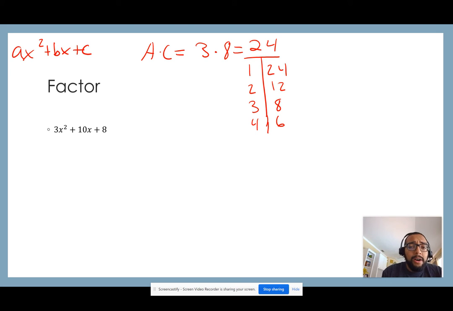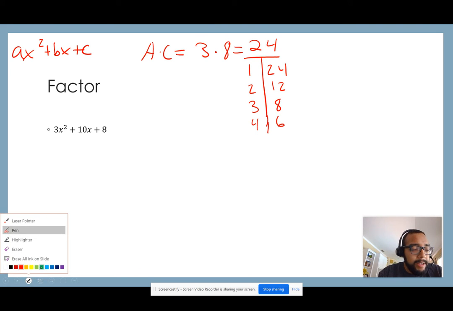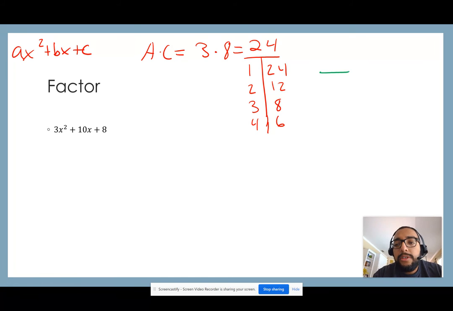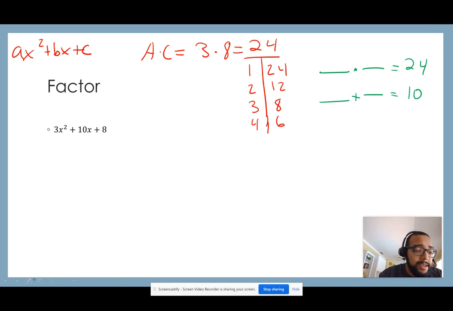Now we have all these factors of 24. We need to find two numbers such that when you multiply them, you get 24, and when you add them, you get 10. And again, 10 is my b term.